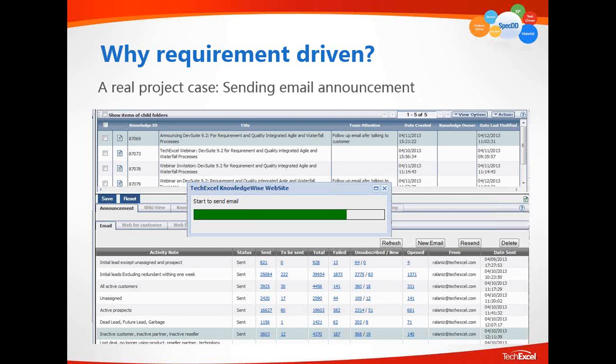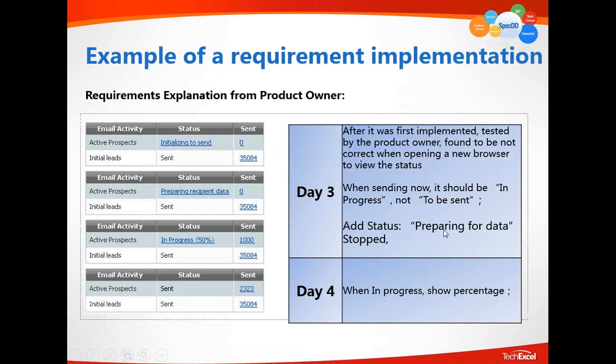As a result, when you go to a different browser, the status we found is empty. So we communicated with the programmers, and the programmer's answer was, well, we cannot show the status because the state of this email sending doesn't have a value while preparing data.